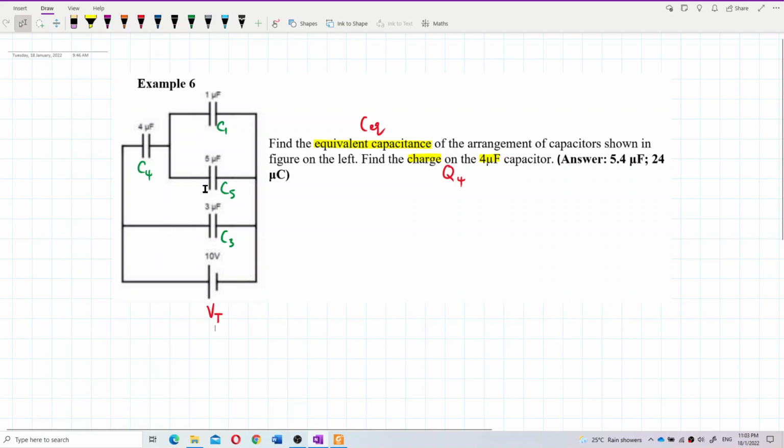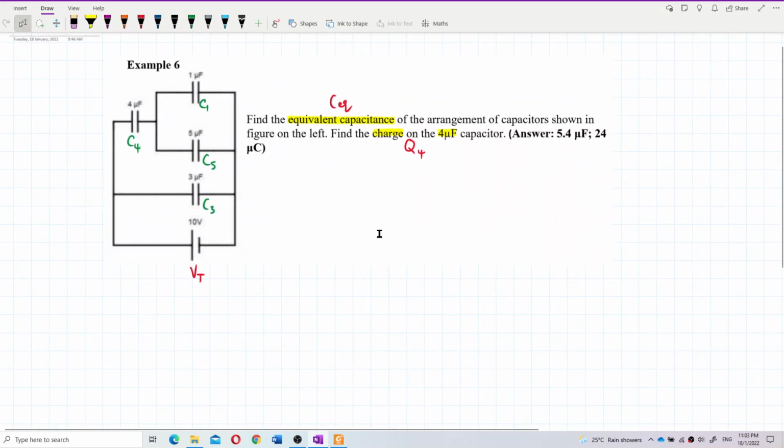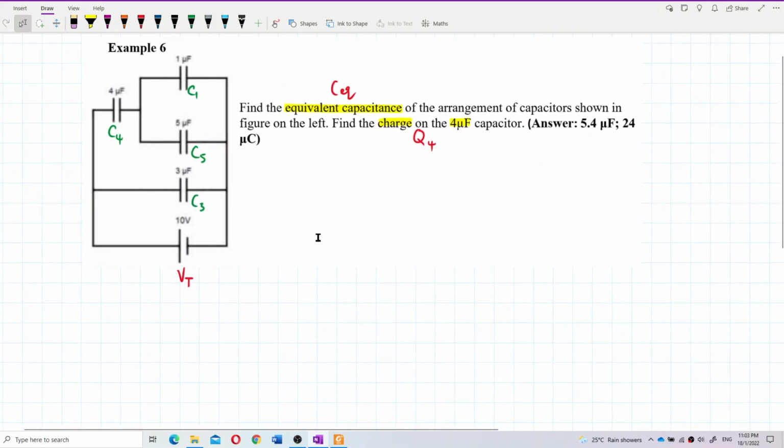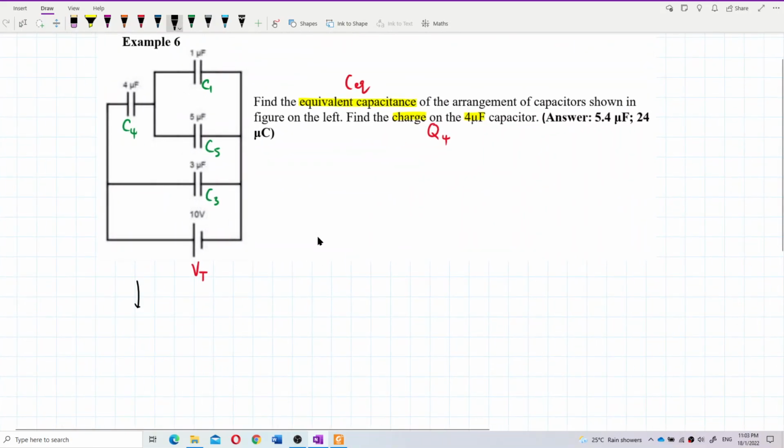This circuit can be redrawn into this form.